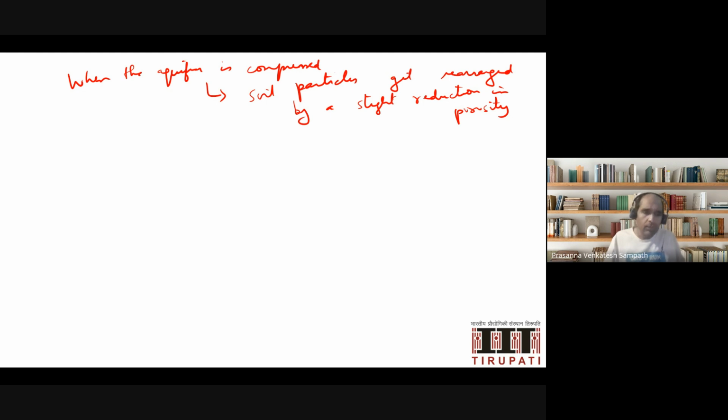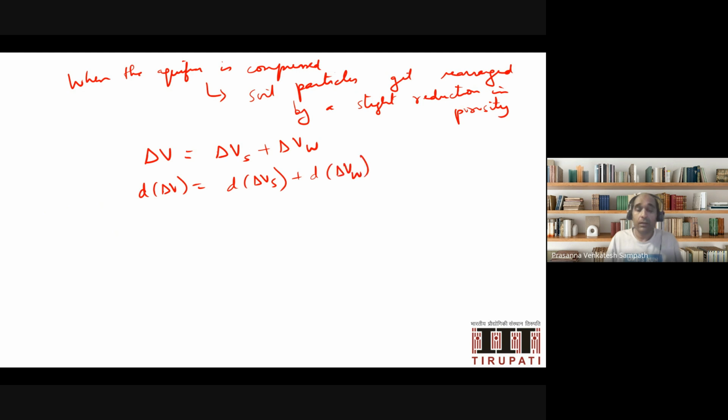So then let us think about the total volume inside that aquifer, which is the volume of solids plus the volume of water. We are already familiar with this, right? So d delta V equal to d delta Vs plus d delta Vw, right? So we are just simply extending what we already know. But what is delta Vs? What is the volume of solids inside this particular box that we have drawn?